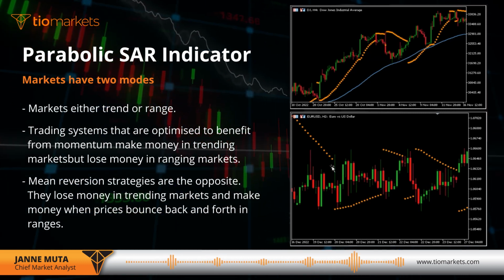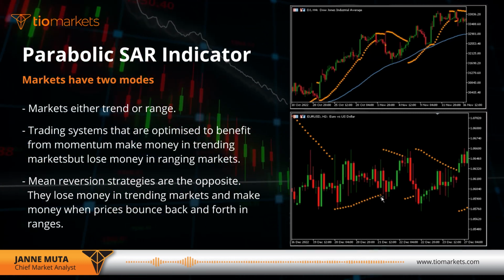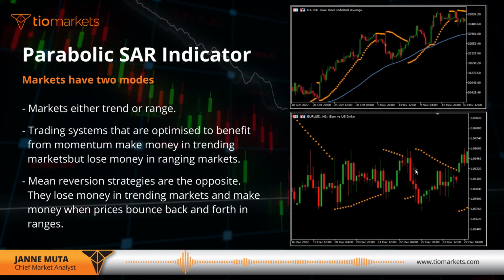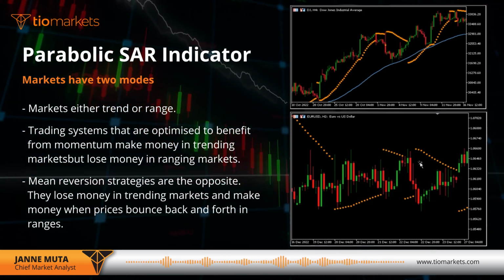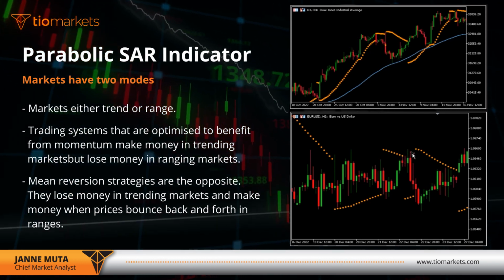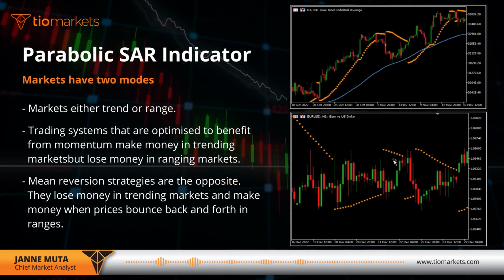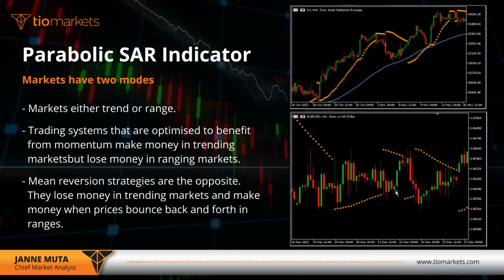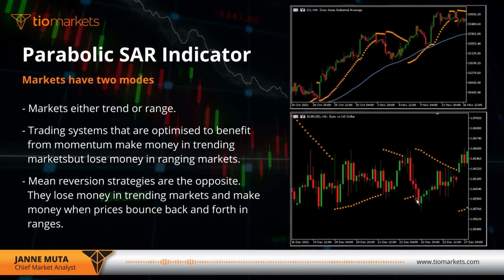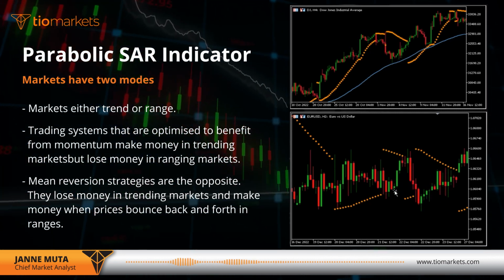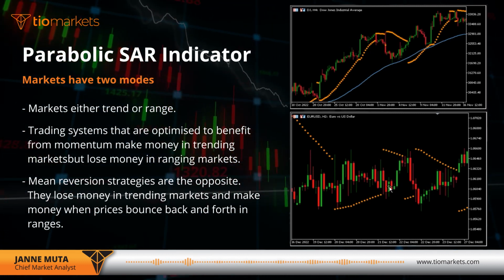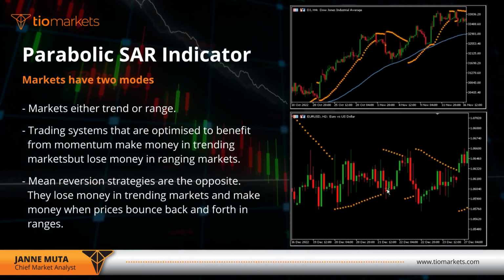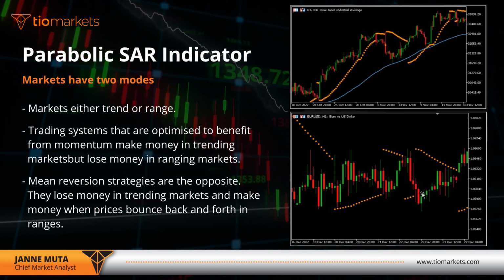Then when the market goes to sideways mode, the momentum strategies usually lose money. That's basically because they try to buy at the breakouts and then the market reverses. Then they try to sell the breakouts and the market reverses. This is why you shouldn't use a momentum indicator or a momentum strategy in a ranging market.